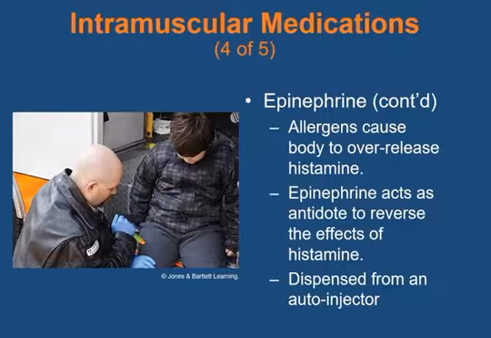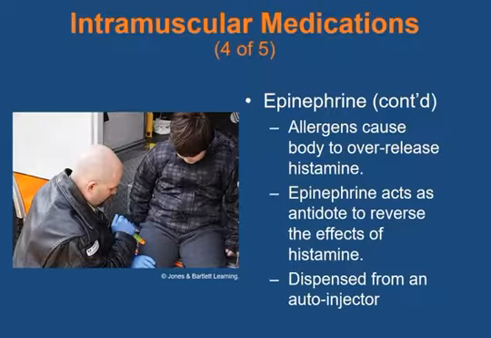Over-release of histamine may reduce blood pressure, cause wheezing from bronchial spasms, and cause swelling of the airway tissues, which is edema, and may make it difficult for the patient to breathe. Epinephrine acts as a specific antidote to reverse the effects of histamines by constricting the blood vessels, allowing blood pressure to rise, reducing swelling, and dilating the air passages to increase flow of air.